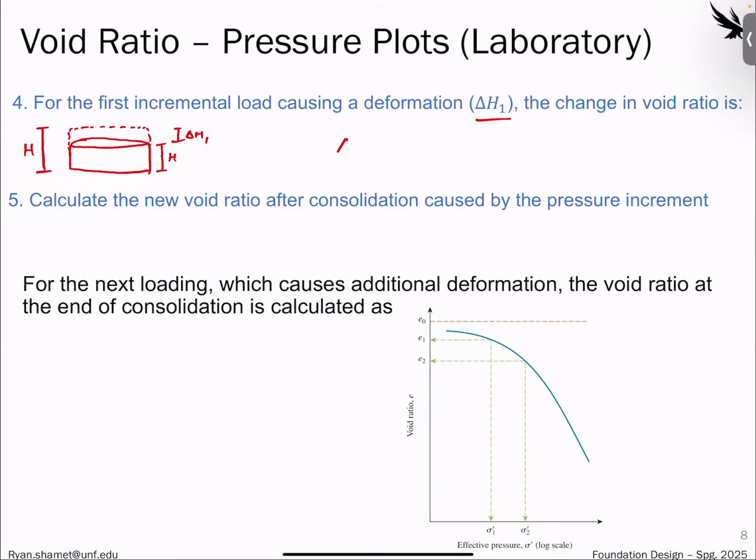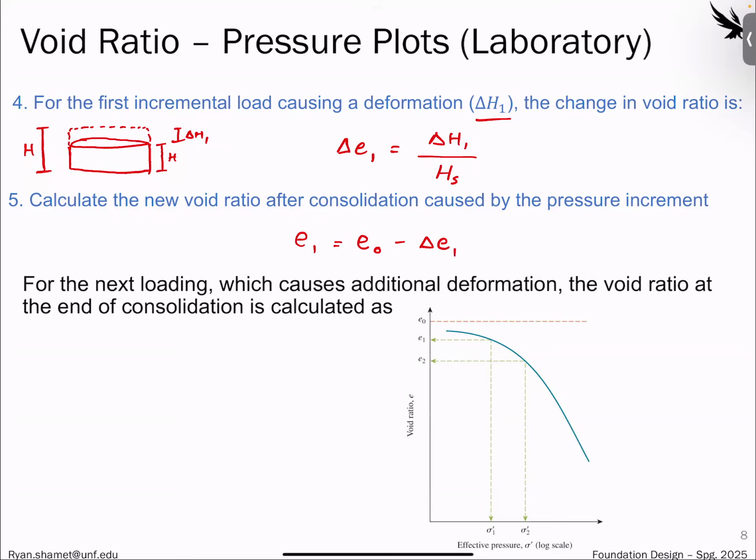So the change in the void ratio at this first point is delta H1, the thing that we measure, divided by Hs, the initial height of solids, because the height of solids does not change through the entire experiment. We're not adding or removing any soil. So we can calculate the new void ratio at this increment by taking the first one and subtracting the second one like that.